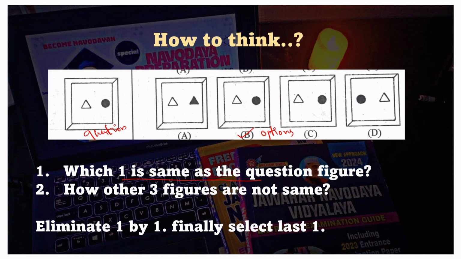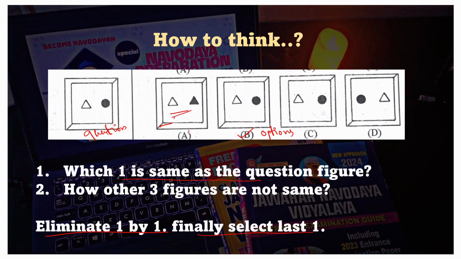We have to eliminate one by one, and finally we have to select the last one. So how to eliminate? First of all, we need to think whether there are any mismatches, like something which is not in the question. Here there are two triangles, so it is not matching the question.